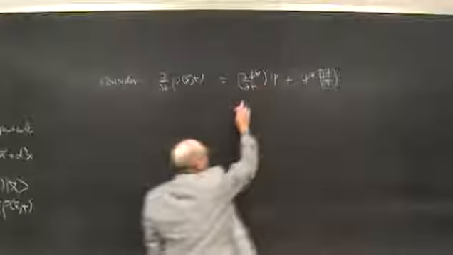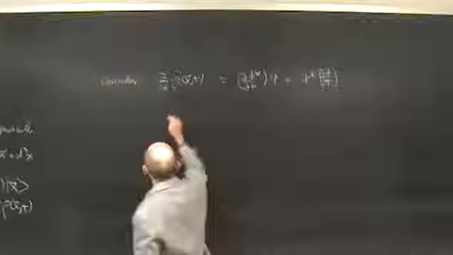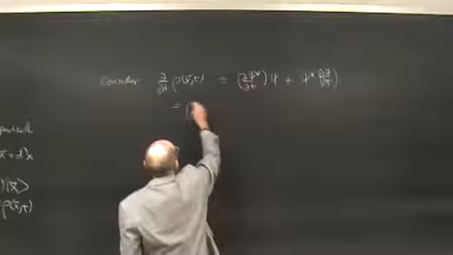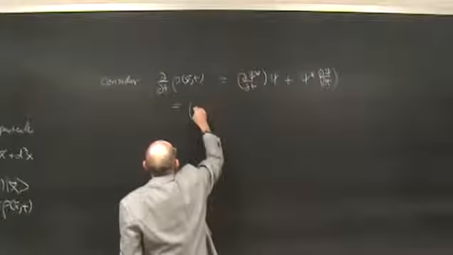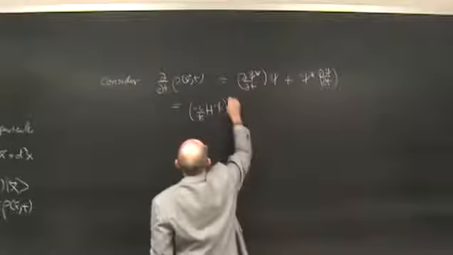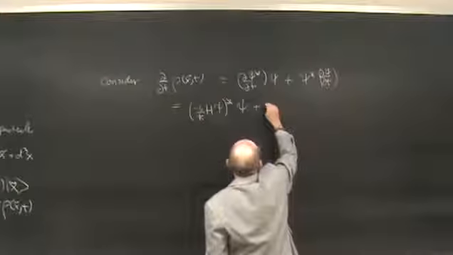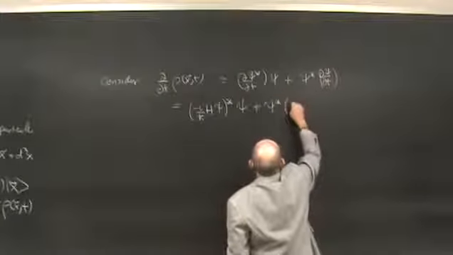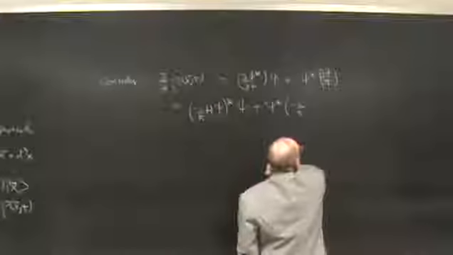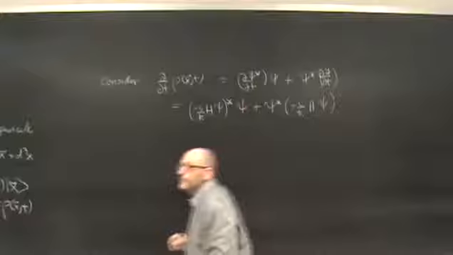And now we know how these evolve according to the time-dependent Schrödinger equation. Okay, so this is equal to minus i over h bar, H psi star, plus psi star minus i over h bar, the Hamiltonian on psi, all in the position representation.